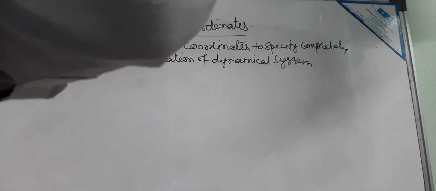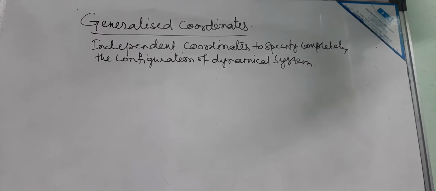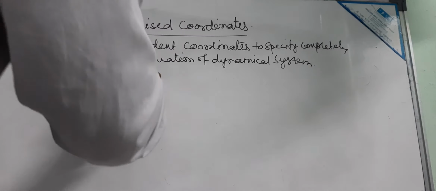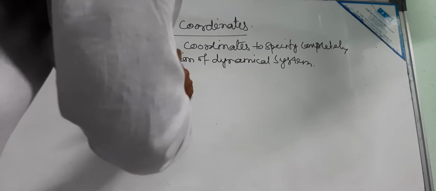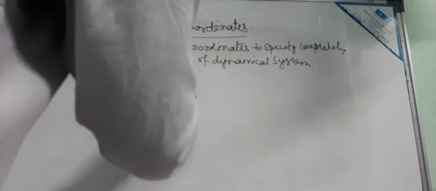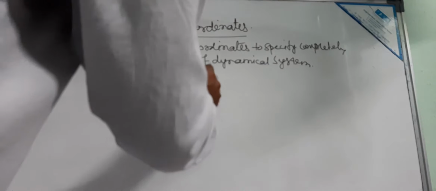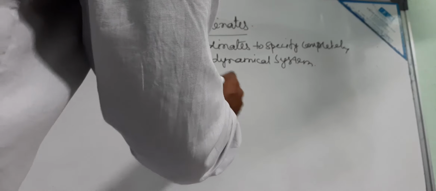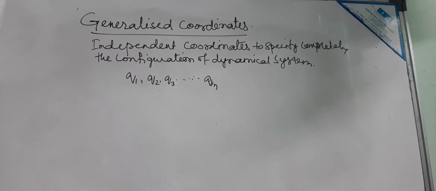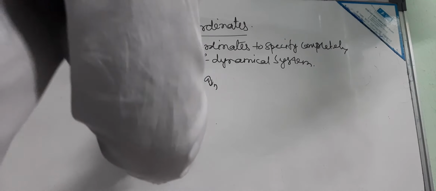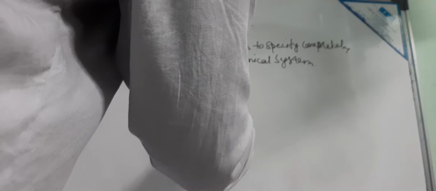So the generalized coordinates are the independent coordinates. The notation is q1, q2, q3, up to qn. Small letter q represents the generalized coordinates, and it is qi, where i varies from 1 to n.